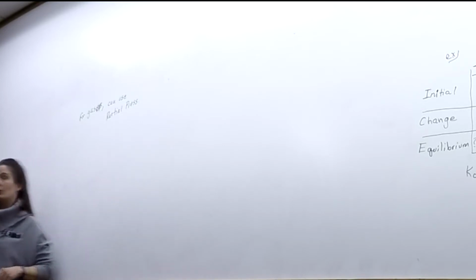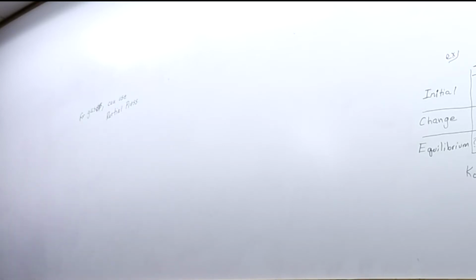All right, so we've been talking about the concentration and how we do the equilibrium constant for a concentration. That will not always be the case. When we talk about gases, you can also use partial pressures. So you can measure pressures and then compare those as well.